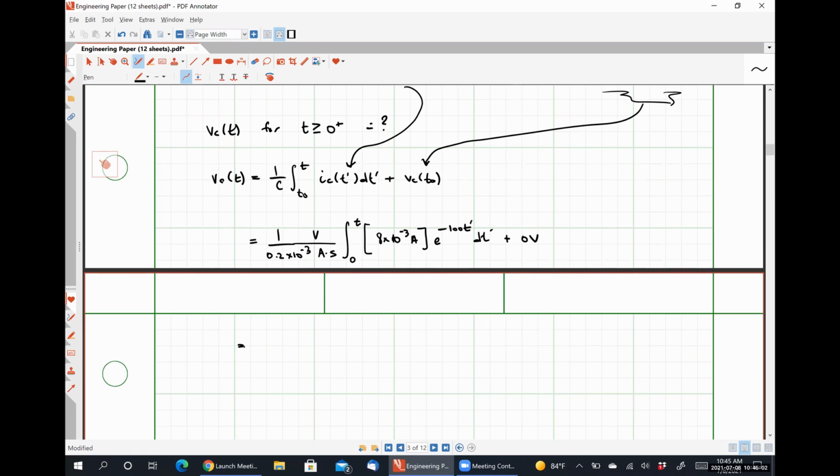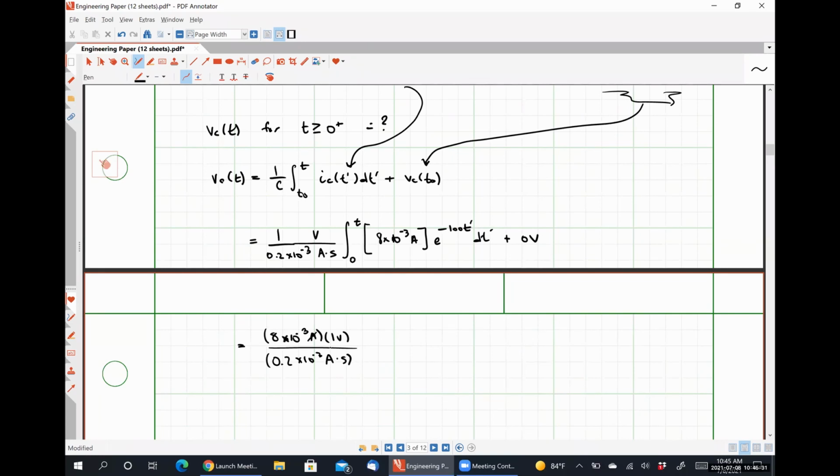So I'm going to take that 8 milliamps and move it to the other side so that I have 8 times 10 to the minus 3 amps times 1 volt divided by 0.2 times 10 to the minus 3 amp seconds.